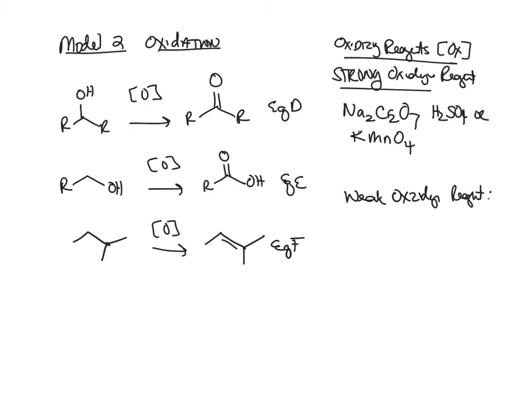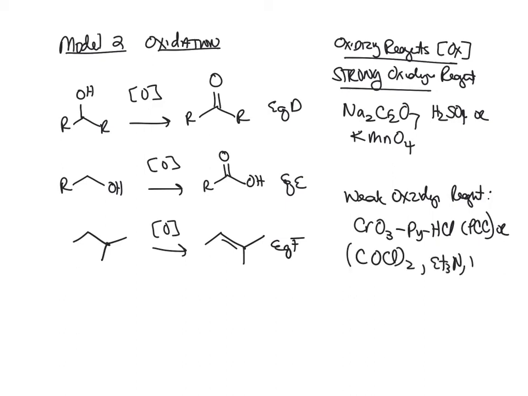Just like our reducing reagents that delivered hydrogen, hydride, had lots of hydrogens. These reagents deliver oxygen. So they have lots of oxygen. Okay, and this is called the Swern.